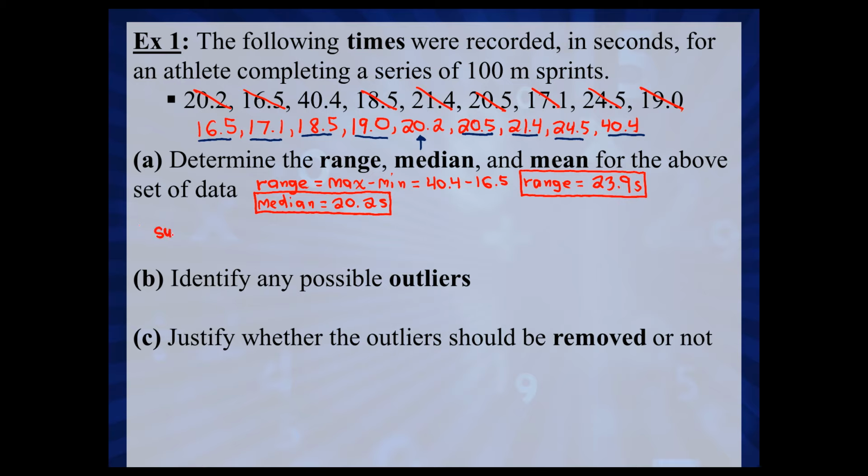So the sum would be equal to 16.5 plus 17.1 plus 18.5 plus 19.0 plus 20.2 plus 20.5 plus 21.4 plus 24.5 plus 40.4.